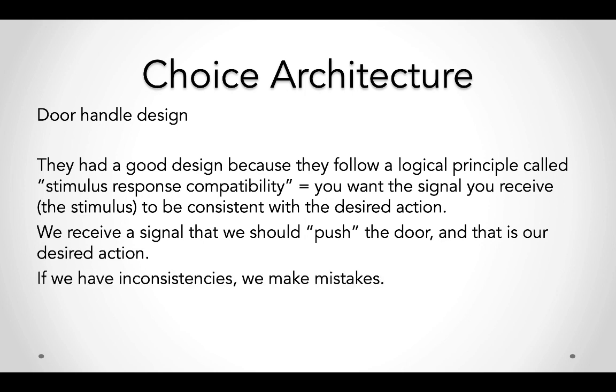If there are inconsistencies, we're going to make mistakes. If the design is telling us one thing and we are doing a different action, then obviously there's an inconsistency between the design and the human perceived stimulus response, and it's not going to work. We're going to make mistakes. We're going to try to push vertical door handles and pull horizontal ones and so on.